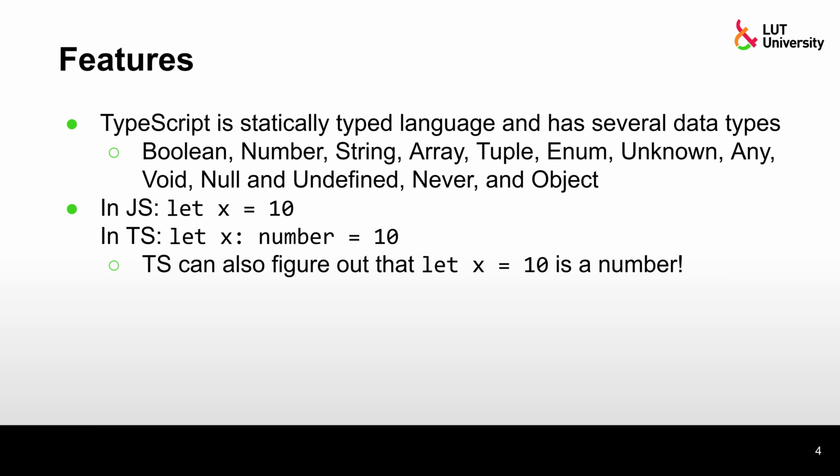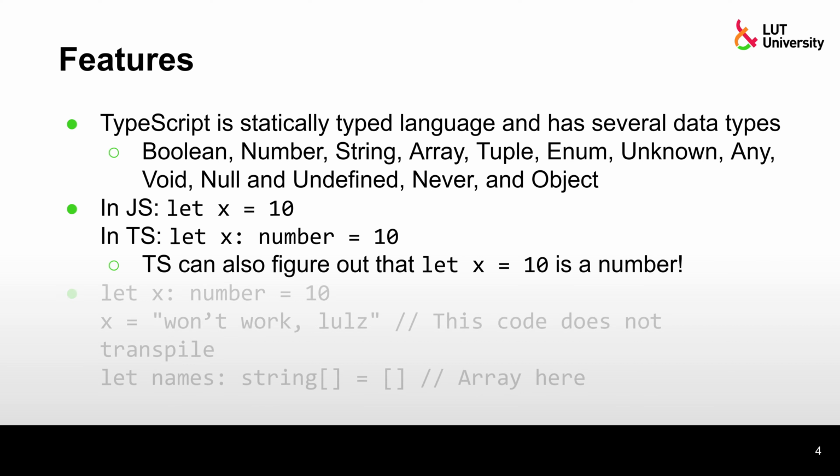But luckily, TypeScript can also figure out that let x equals 10 is a number. So if you are giving a value to the variable when you are defining it, then you don't need to define the type. But if you are not giving any value, you are just defining let x, so there is a variable x, then you need to define the type for that variable too.